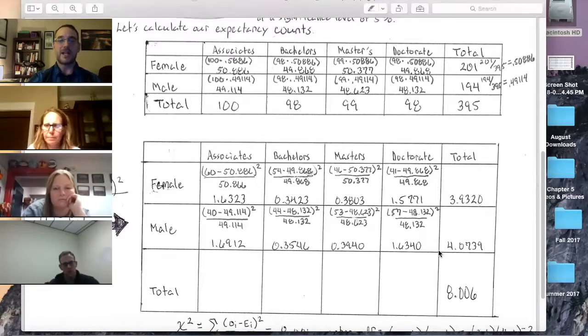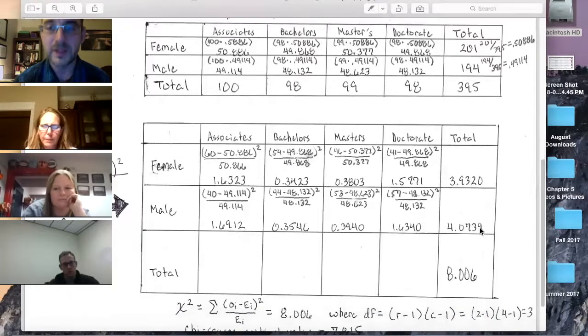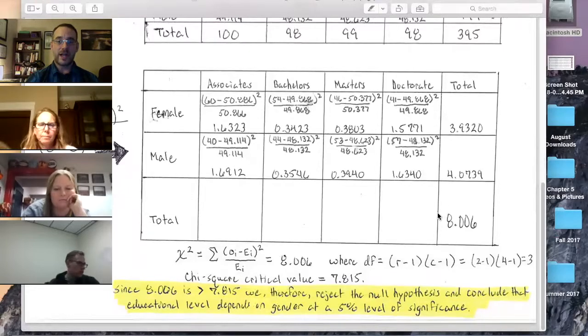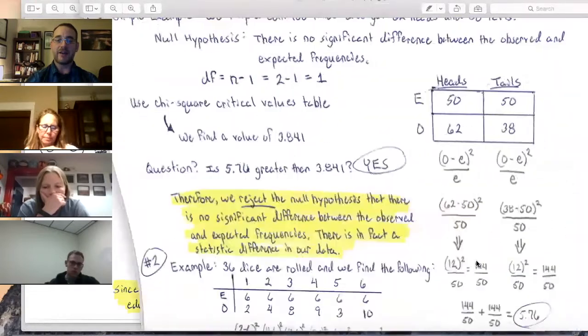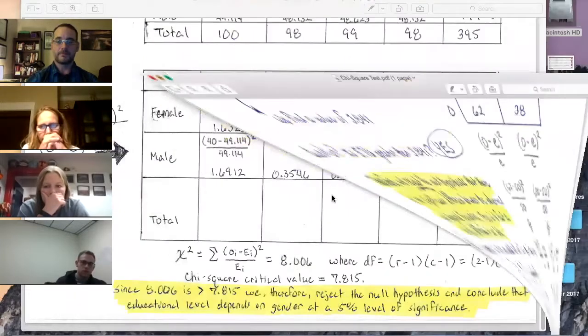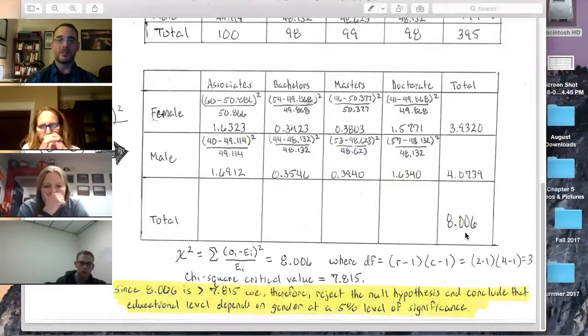For the males, that should add up to 4.0739. We just add those up. That should add up to 8.006. Well, what is that value? It's the same as we did over here when we calculated our chi-square value.